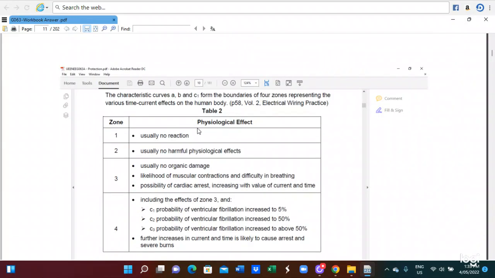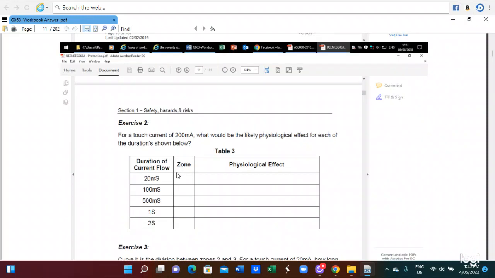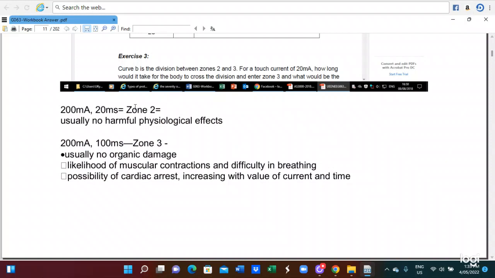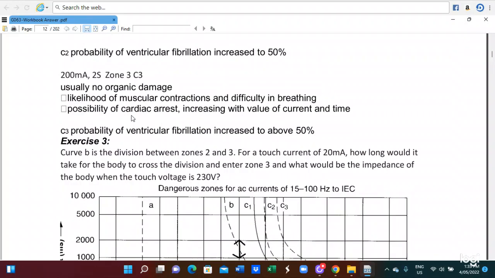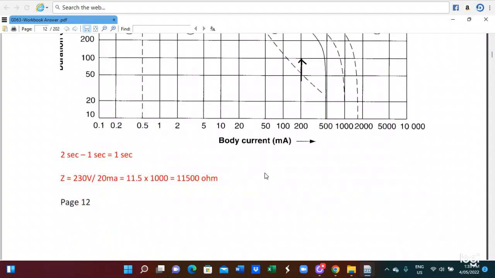The physiological effect depends on the zone, also the duration of the current and the physiological effects. So in this case, how much current flows and what will happen to the physiological effect, you can read in these notes. So this is the division between the dangerous zones of body current flow.